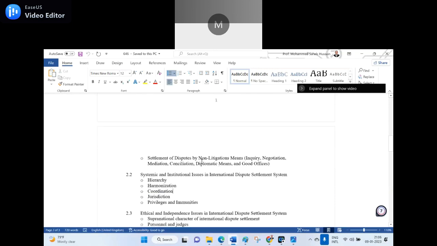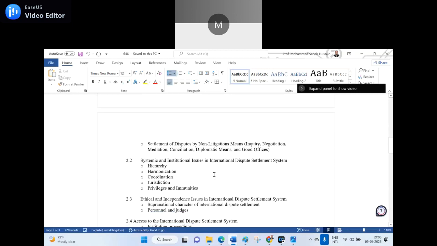And the settlement of disputes by diplomatic methods, non-litigation means: inquiry, negotiation, mediation, conciliation, diplomatic means, and good offices. We dealt with this elaborately. But when you come to 2.2, the systematic and institutional issues in the international dispute settlement system.